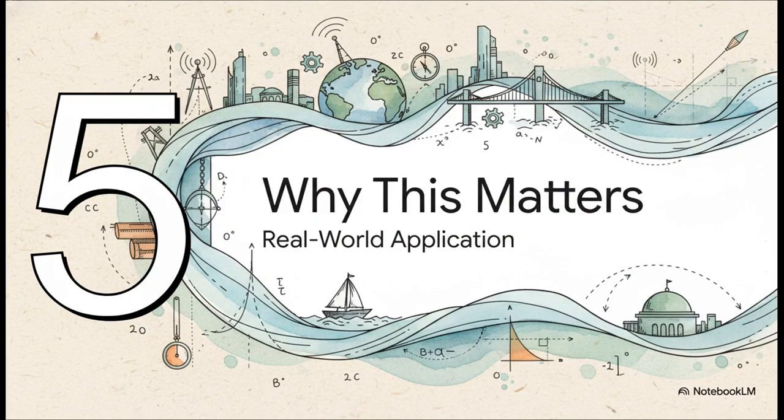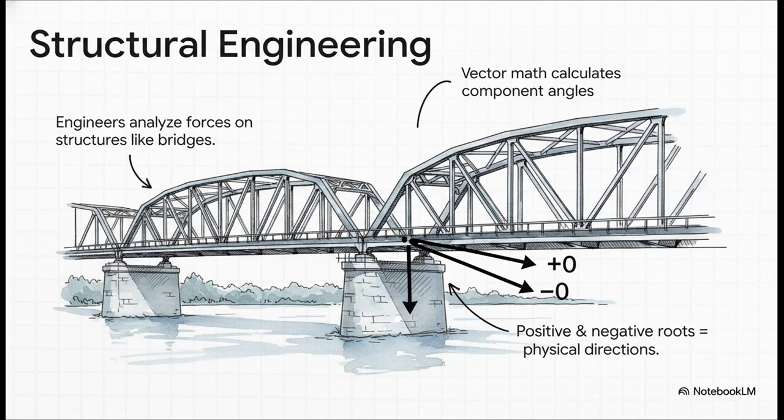Okay, so you get it for class, you get it for a test. But why does any of this actually matter outside of a math textbook? Let's connect this abstract process to a very real, very solid application. And this is where it gets really cool. In structural engineering, when people are analyzing all the complex forces acting on a bridge, they use vectors.